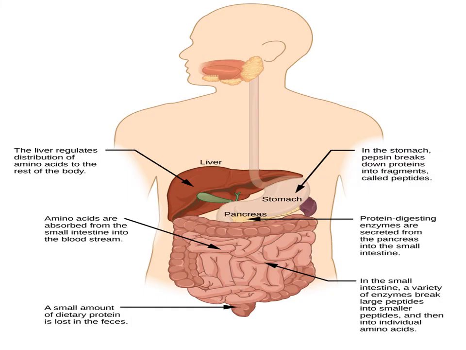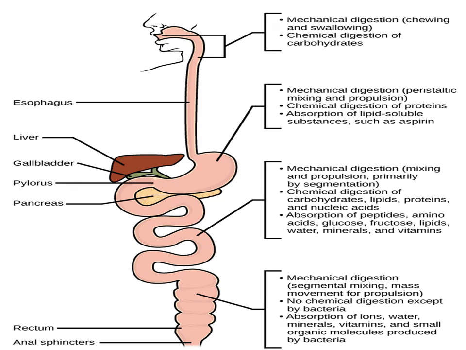In this slide you can see the complete digestive system, what the role of its parts is, and what process is going on in which part. You can see and try to understand. Here is also a simple diagram of the digestive system to understand what function and what work is going on in the digestive system with the food.